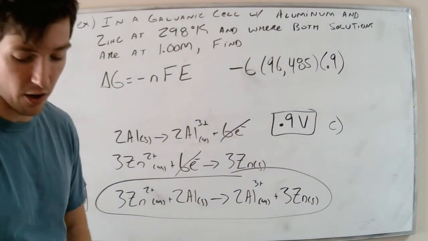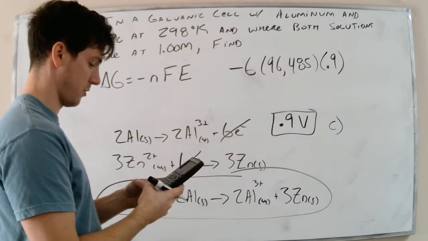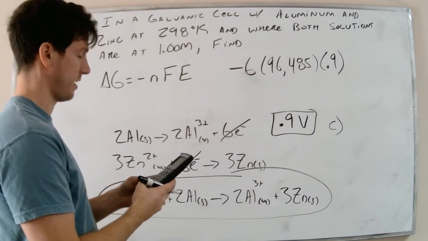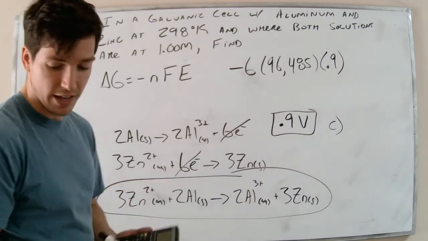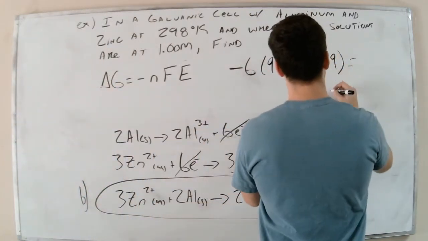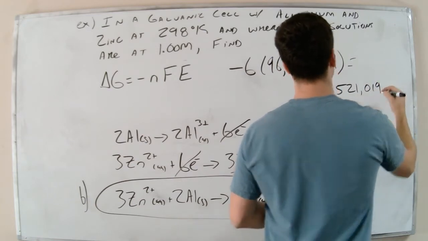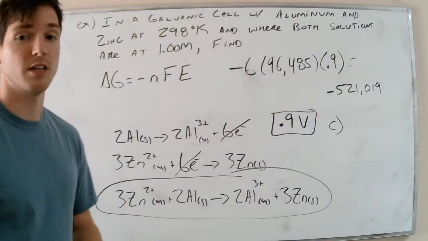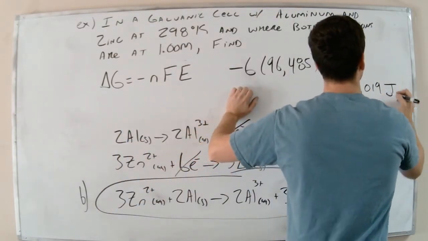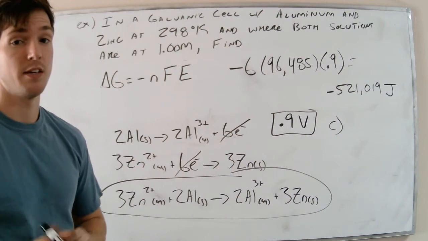So let's multiply all these together and find our Gibbs free energy. So -6 times 0.9 times 96,485. Okay, and this will give us -521,019. But I want you to know that when you solve this, this is going to be in joules.